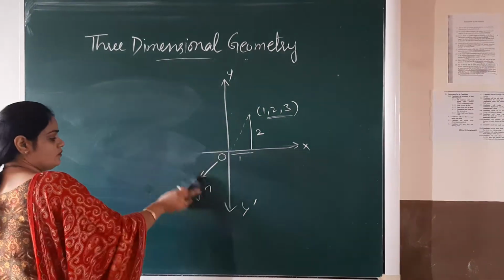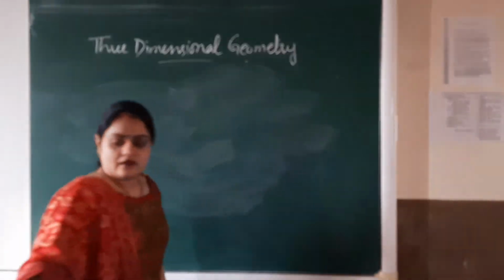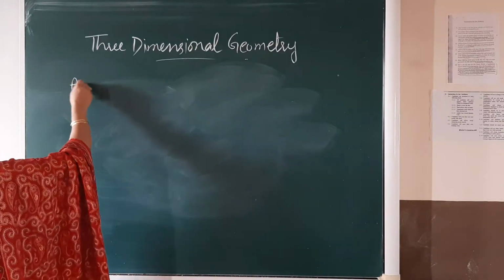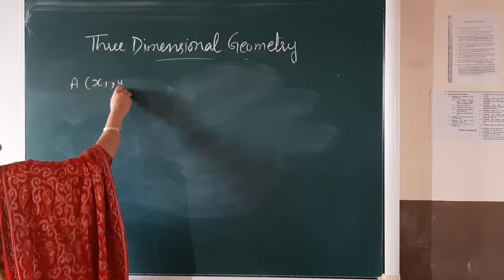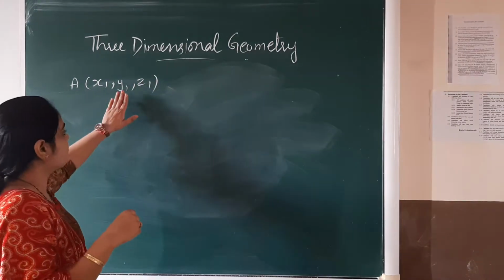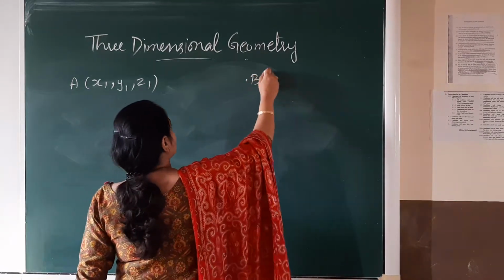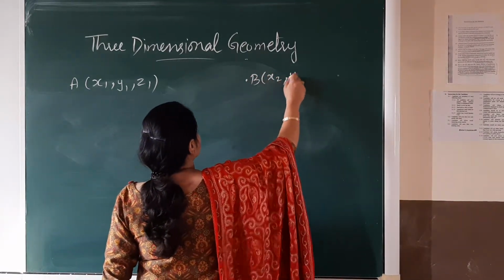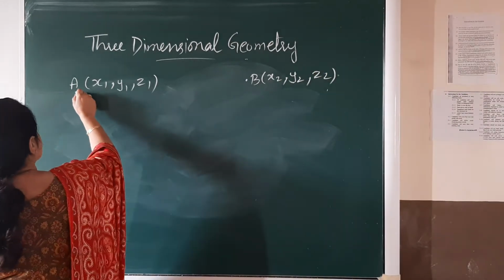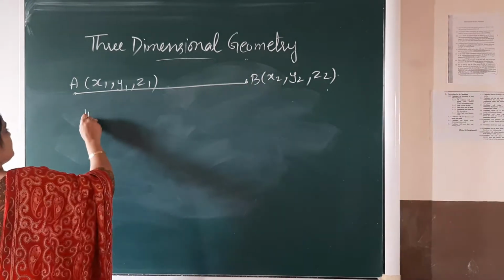Now let's do one formula of distance between 2 points. Whenever one point is A, of course it will be in the form of x1, y1, z1, because this point is in the space, and the B point is also in the space, x2, y2 and z2. We can find the distance |AB|.